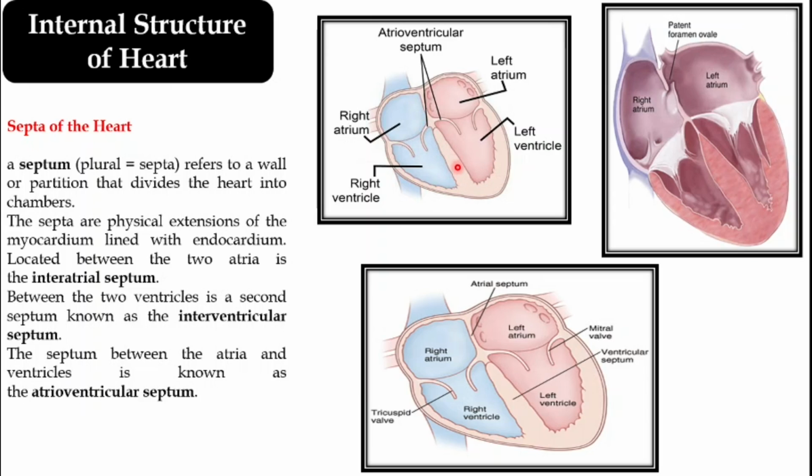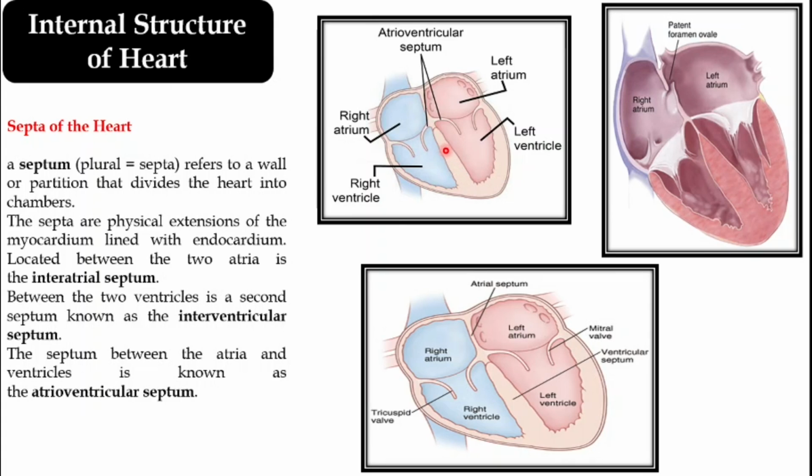These walls, these boundaries, make the four chambers. These partitions or walls or boundaries are known as the septum, right? So technically we name these boundaries a septum.